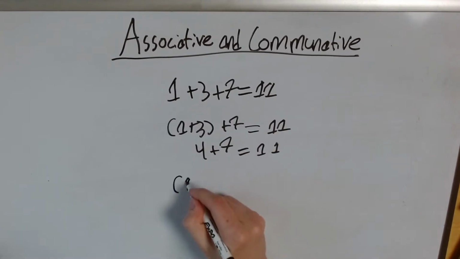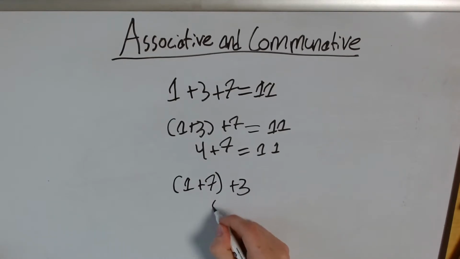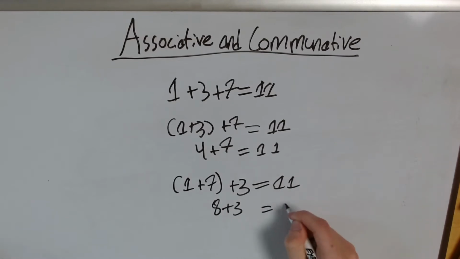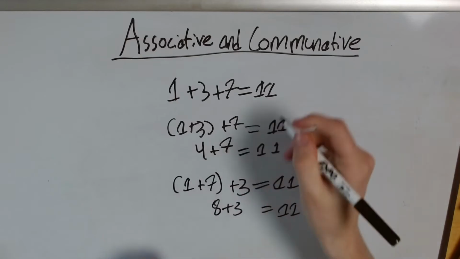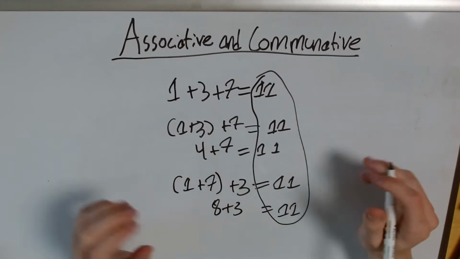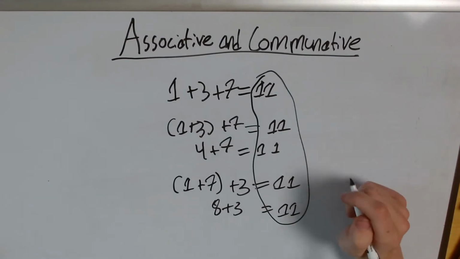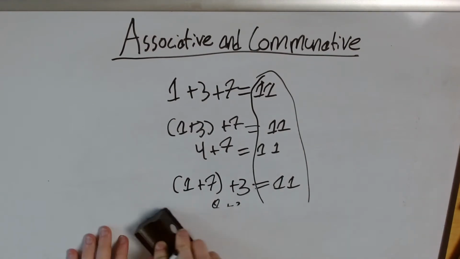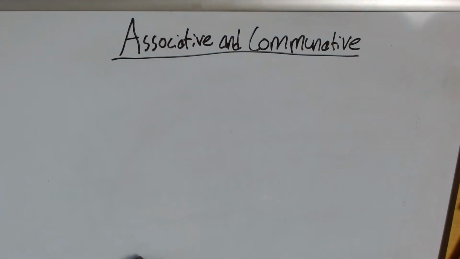So I could say 1 plus 7 plus 3, which is the same thing as 8 plus 3, is also equal to 11. And we see, no matter how we choose to group our numbers together, we'll still get the same answer all through here. That means we can use this as a valid strategy. But again, this only works if we're adding or multiplying numbers. If we're dividing or subtracting, this is no good. We can't do it.